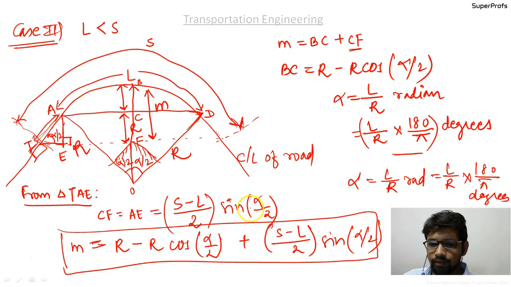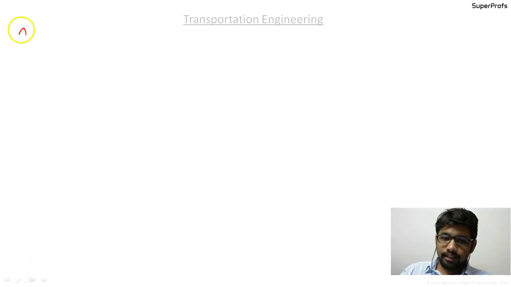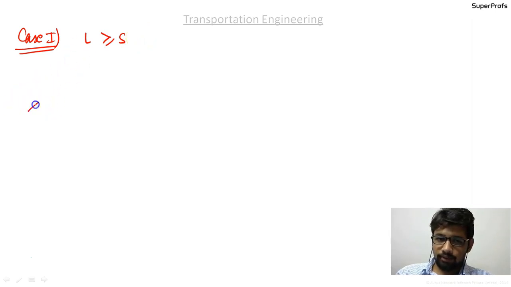So whenever the road is a multi-lane road, what will be the change? So we will consider case 1, that is, the length of the curve is greater than the minimum required sight distance. So the diagram will be of this kind.